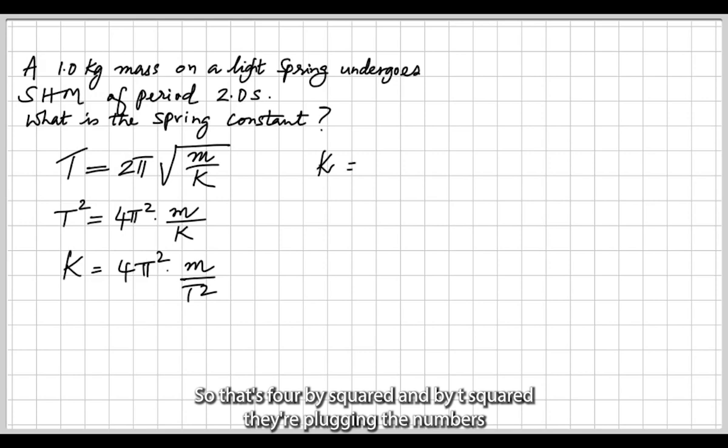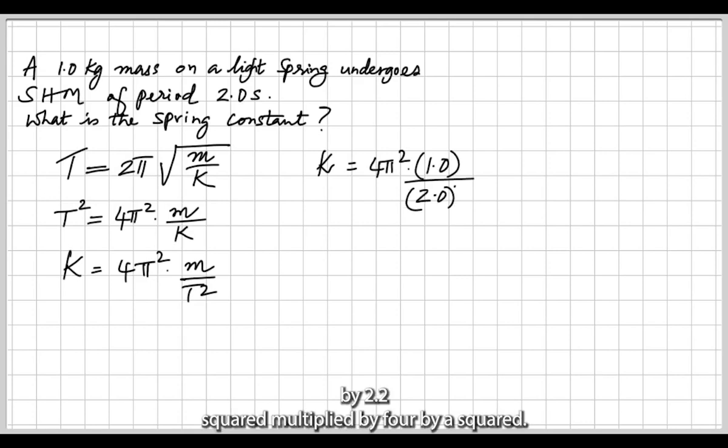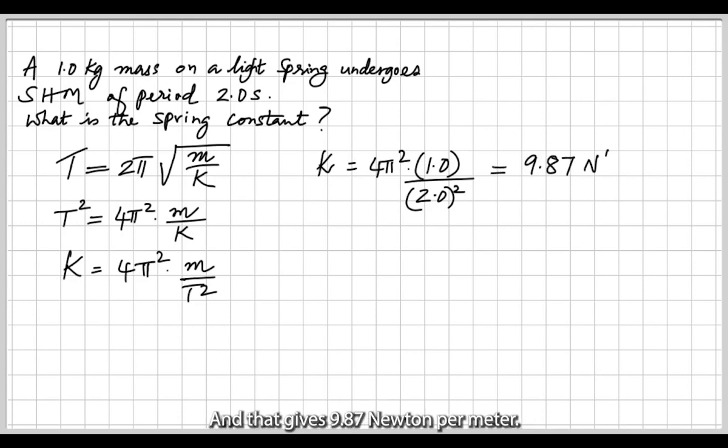Plug in the numbers. It's 1.0 by 2.0 squared multiplied by 4 pi squared. And that gives 9.87 Newton per meter. That is the unit of spring constant.